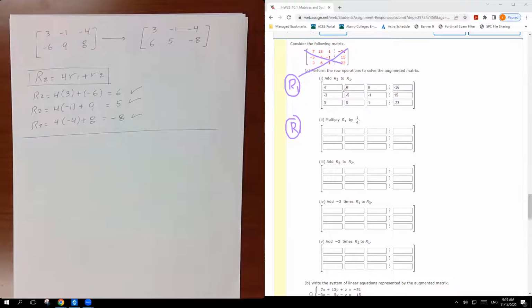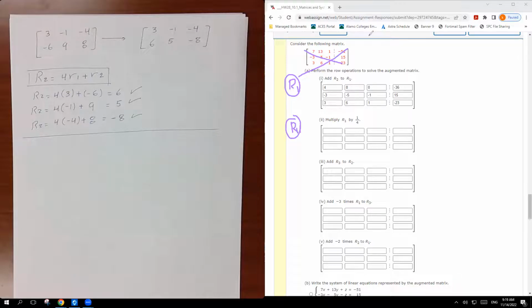And I'm going to multiply the first row by 1/4. That means you're going to multiply the first row by 1/4. The change is going to be on the first row, R1.